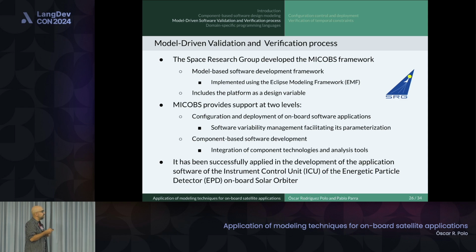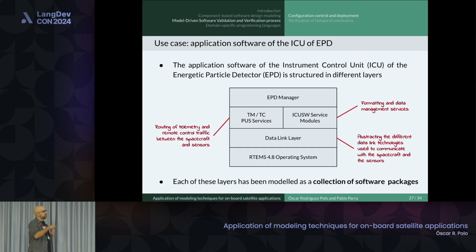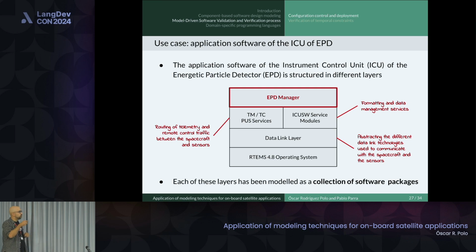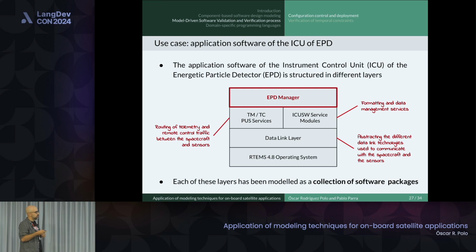So this is basically the scheme and structure of the software for the instrument control unit of the energetic particle detector instrument that Óscar mentioned. It was on board the Solar Orbiter mission.